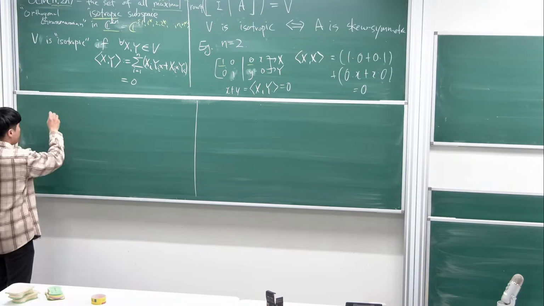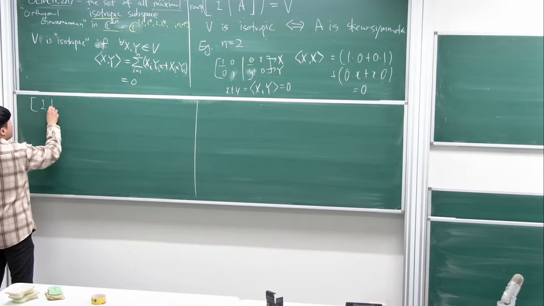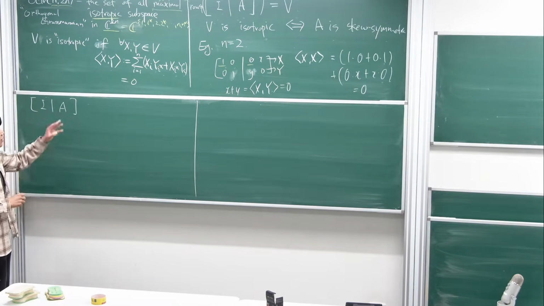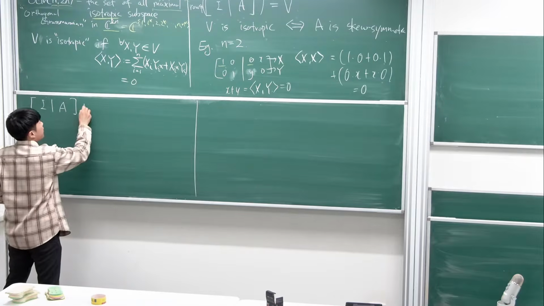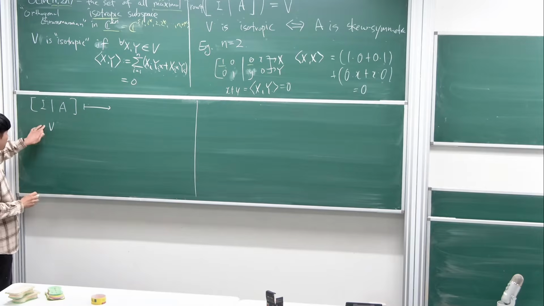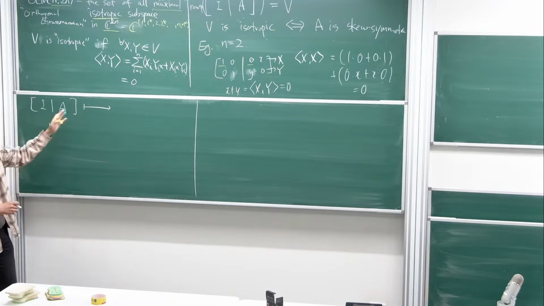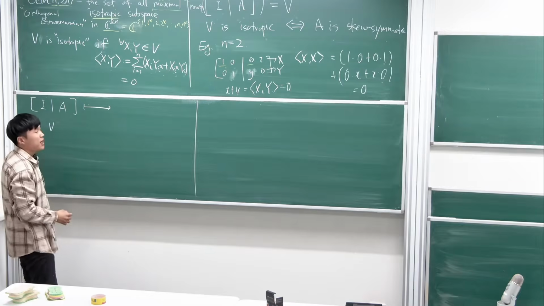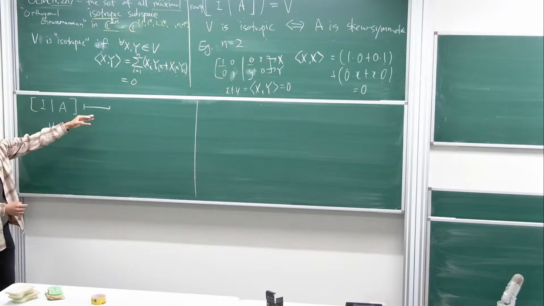So again, let's start from 2n. If we take some vector space, we may consider this kind of matrix form using the reduced row echelon form, and then take all possible maximal minors.